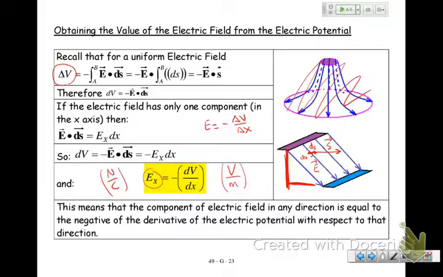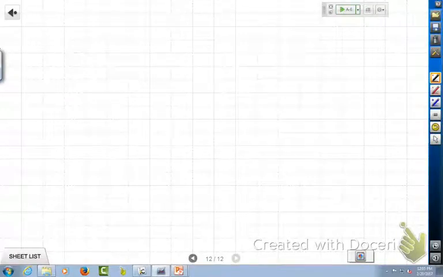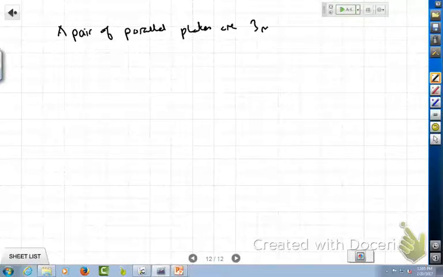Let's do one. Let's reinforce it. Have I got time? Yeah, let's do one. A pair of parallel plates are 3 meters apart.